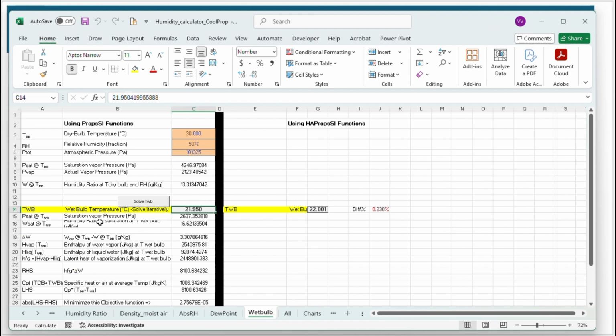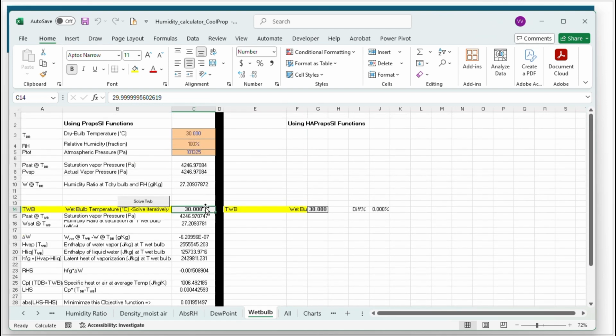That is the wet bulb temperature if you have 30 and 50% humidity. So now let's try to take it close to 100%. Let's see whether it will give you an error or not. At 100%, I'm expecting the wet bulb temperature calculation to give you the same number as 30 here. So yeah, at 100% humidity, the dry bulb and wet bulb temperatures are the same.